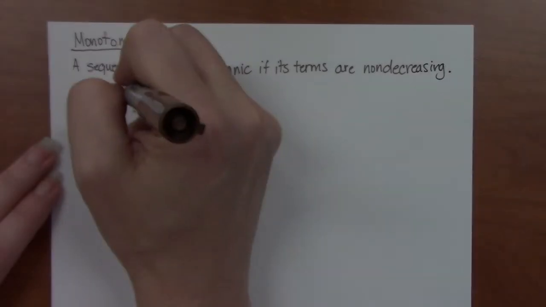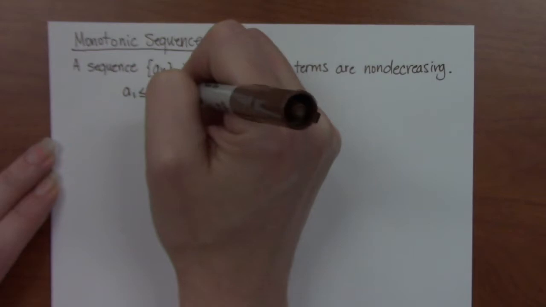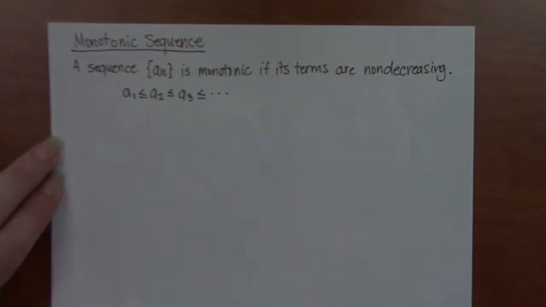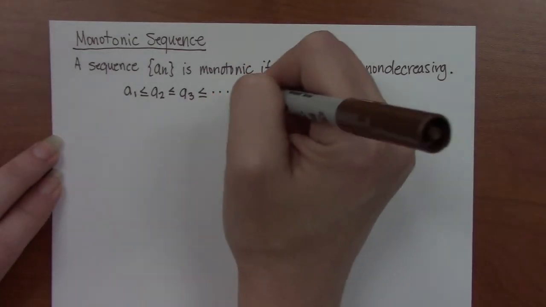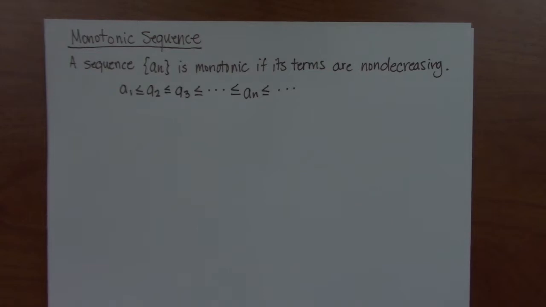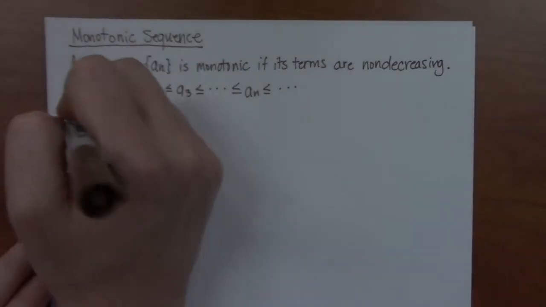So what we mean is the first term is less than the second, is less than the third, and so on. So what we're saying here, it's moving in only one direction, and the direction in this case is moving up. These terms are steadily increasing. And its first term is the smallest term in the sequence, and then they just gradually move up from there. So that's what we mean by monotonic. It just gradually moves in one direction, right?